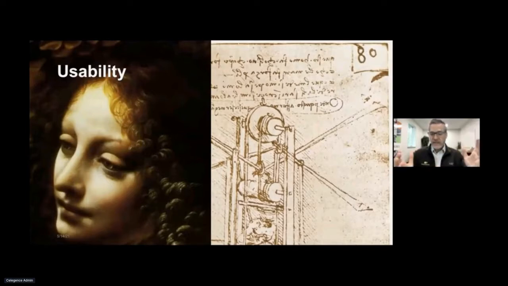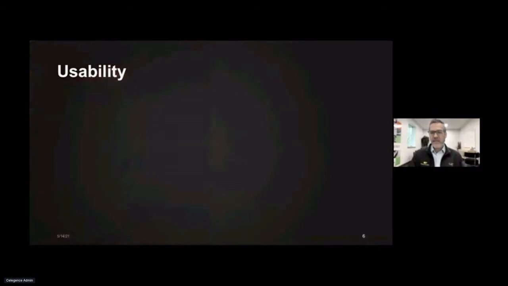And I love to show this example of Leonardo da Vinci because there's nobody better than him to demonstrate what an artist and a technician can be. This is some of his art, which is phenomenal. And then he's got so many mechanical, technical things that he dealt with. It's perfect right brain, left brain working together. And that's really the holistic world that usability thinking lives in.